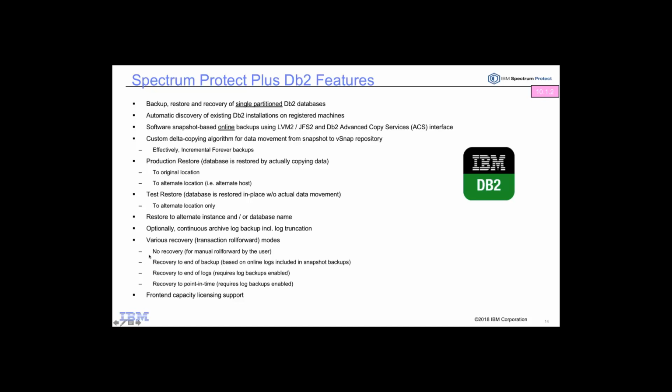Number 1 is we'll put the data back but let you run recovery manually. So you can go into DB2 and use the DB2 commands to roll forward to a particular point in time. We'll also let Spectrum Protect Plus roll forward to the end of backup, so it'll apply the online redo logs and then bring the database online.